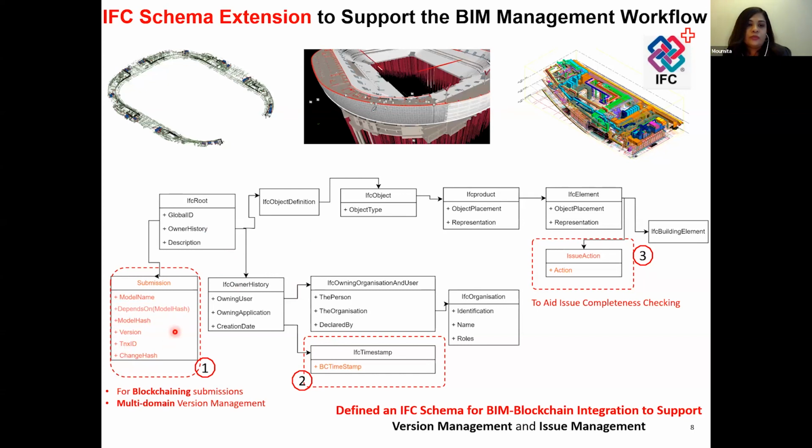And we also store a proof of the content of this model, so basically a hash. And we also have a provision for storing the blockchain transaction ID in the IFC file. And also at the same time, we extend the IFC schema to make sure that the issues are marked in the IFC file so that it's easier for checking the differences automatically.